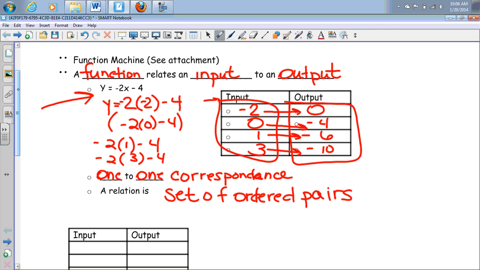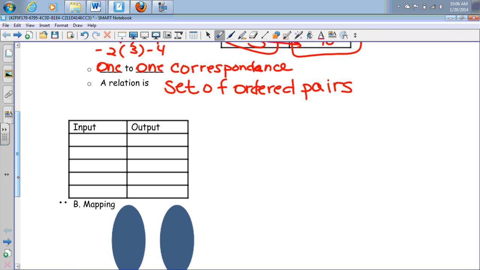I mentioned earlier some different words that we can say for input and output. You might hear domain and range. You might see the x value and the y value.